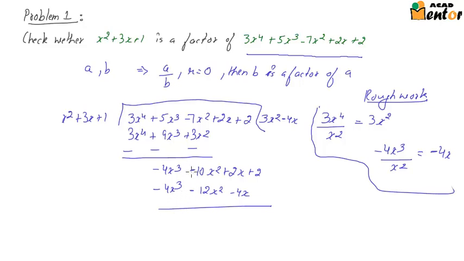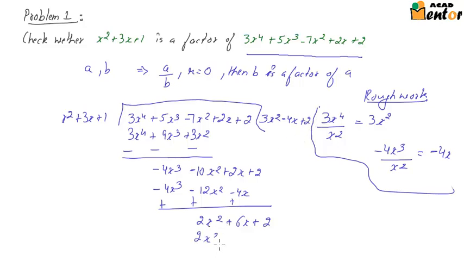The x cube terms cancel out, and we are left with 2x square plus 6x plus 2. Now let's find the third term. Third term would be plus 2.